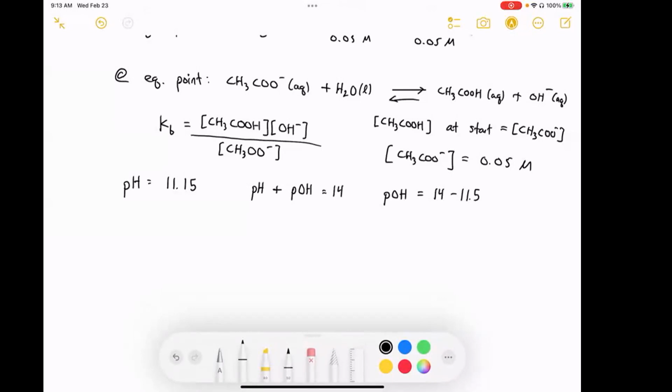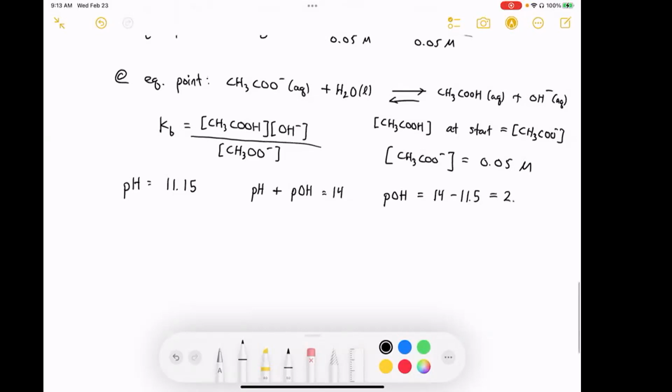Let's double check here. Okay, so yes, about 2.5. So if I take the antilog of negative 2.5, I will get my OH concentration. All right, so take the negative antilog of that, we get 3.2.